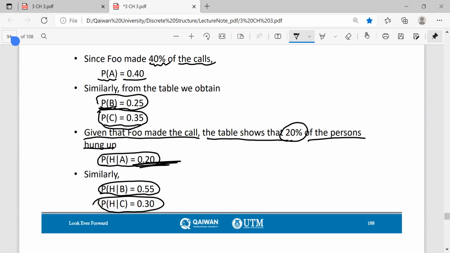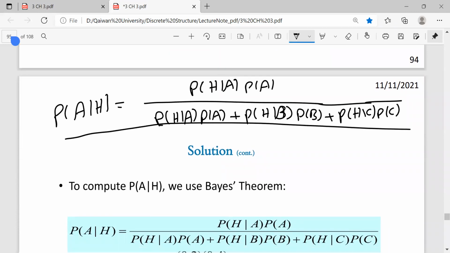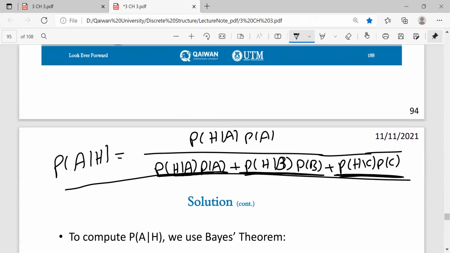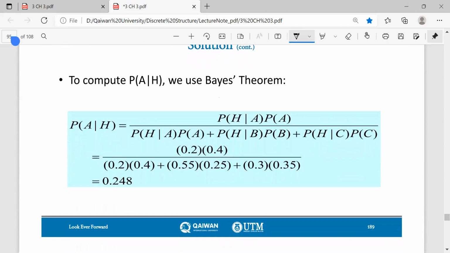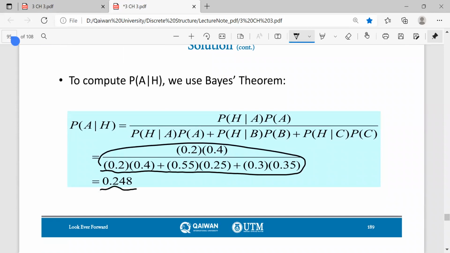The probability of A is 0.40. Then in the denominator we have the probability of H given A times the probability of A, plus the probability of H given B times the probability of B, plus the probability of H given C times the probability of C. Here we found these all before, so you just replace them by their values. And we get 0.248. That means the probability of A given H is 0.248.